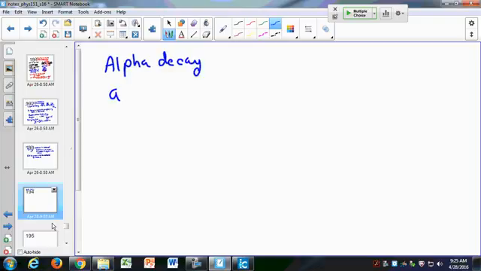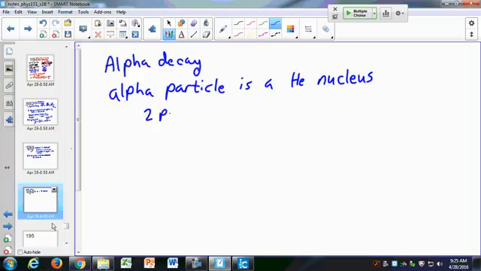An alpha particle is a helium nucleus, a helium-4 nucleus. It has two protons and two neutrons. So our atomic notation for the helium nucleus is 4, 2.